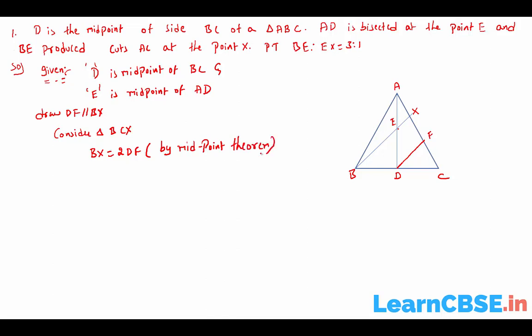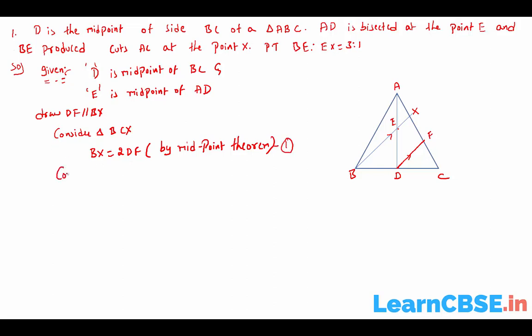Why so? If you observe carefully, D is the midpoint of BC. A line drawn from the midpoint of one side parallel to the second side bisects the third side, and moreover it is half of the parallel side. So DF is half BX, that is BX equals 2DF. Let this be equation 1.